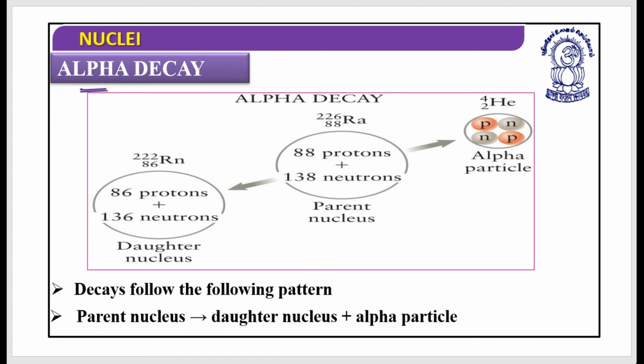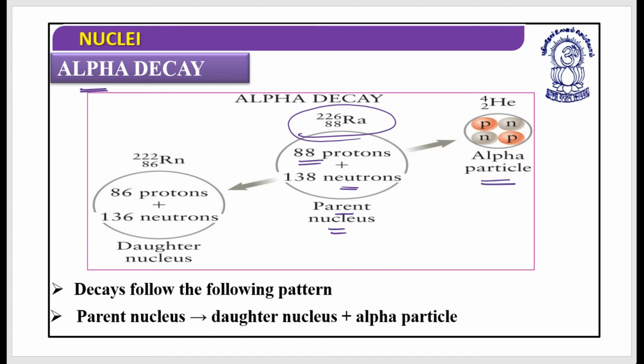So let's have a look. Suppose we have a certain element with, let's say, 88 protons and 138 neutrons, and this is the element, 88Ra226. This is the parent nucleus, and from this parent nucleus an alpha particle is going to be emitted.